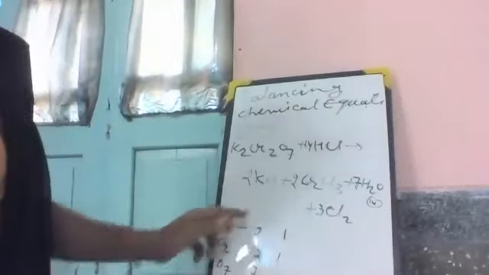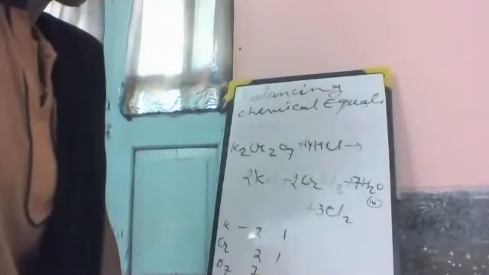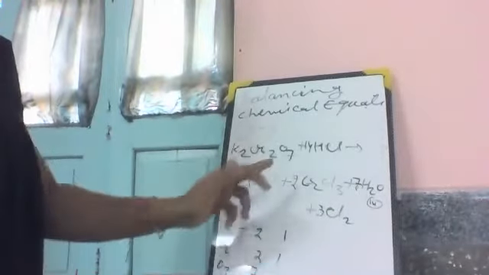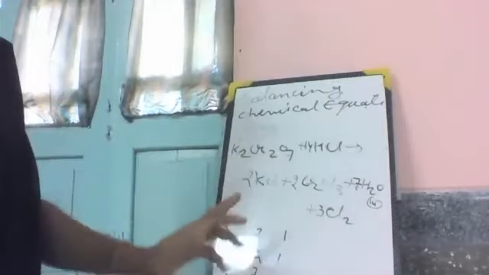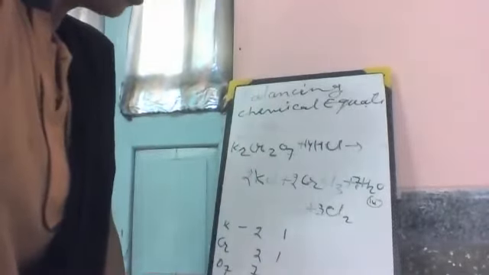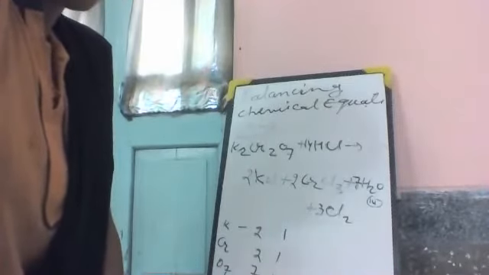This is now the equal, balanced chemical equation for potassium dichromate and hydrochloric acid to form potassium chloride, chromium chloride, water and chlorine.